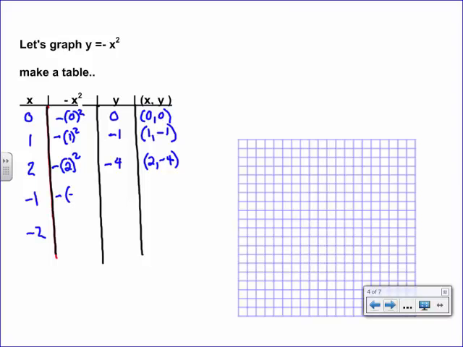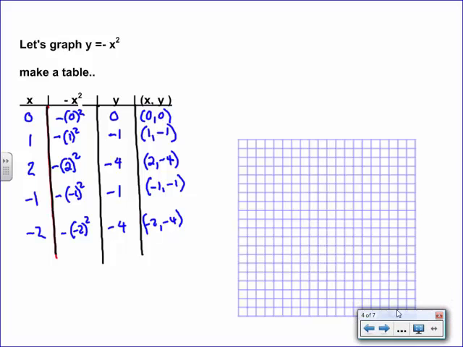If you put in -1, you must square the -1 first, giving you +1, and then apply this negative, which gives you -1. -2 squared is +4, and then apply the negative, makes that -4. Okay, let's go over and draw in our x and y axes.